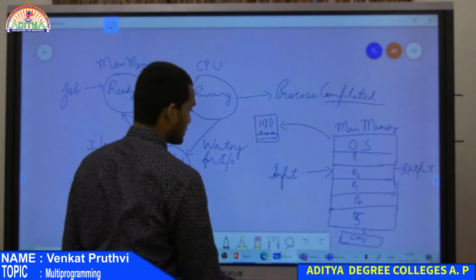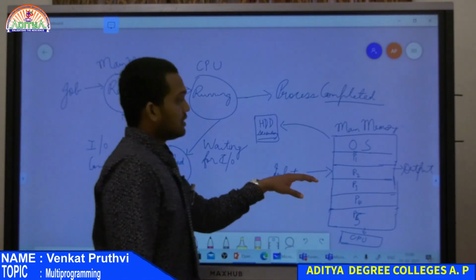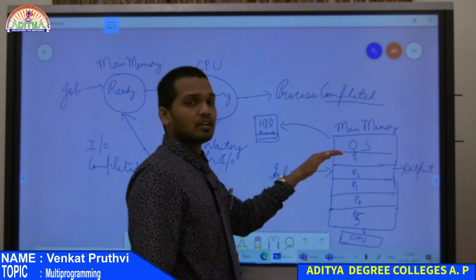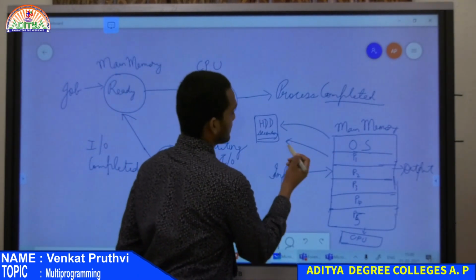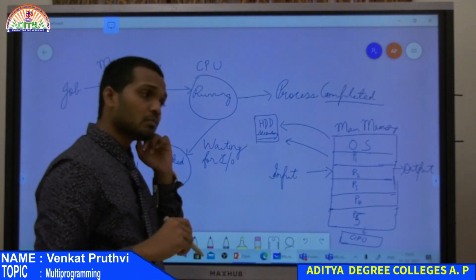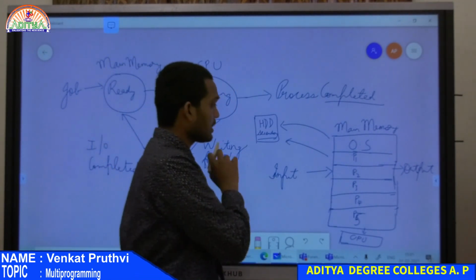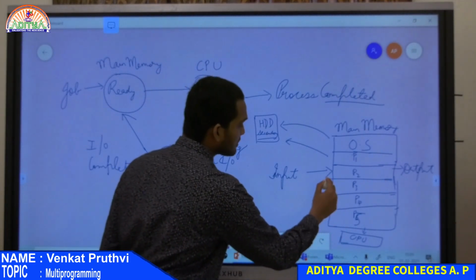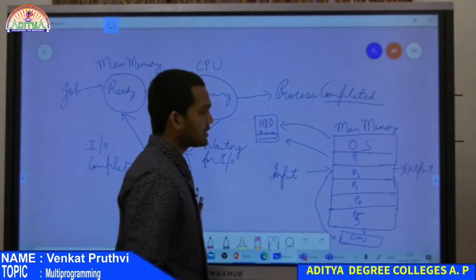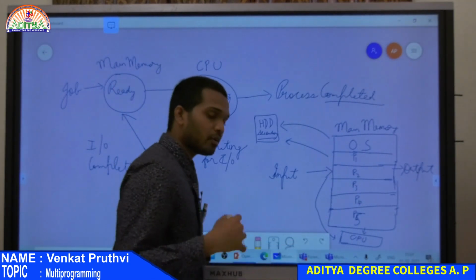That is, now let us assume like the same way P1 is going to the secondary memory to access some data that is stored on the secondary memory. Now at this point P2 is assigned the CPU and P2 starts performing its operation.